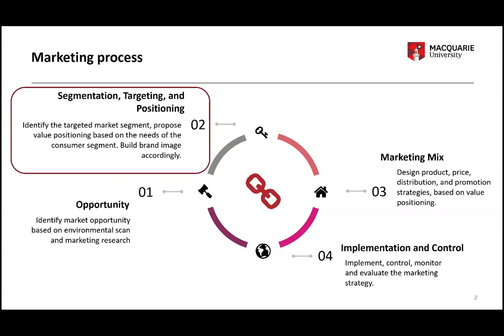And then finally, we look at implementation and control. And this is fundamentally important, largely because we need to make sure that what we set out to achieve in terms of the objectives that we set for our brand, we are able to monitor and make adjustments.